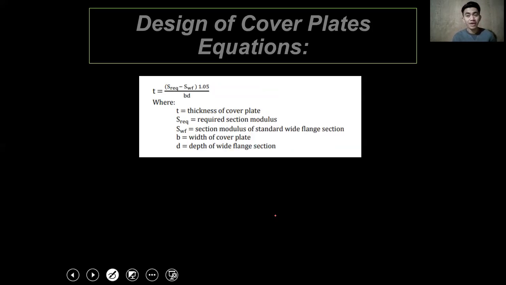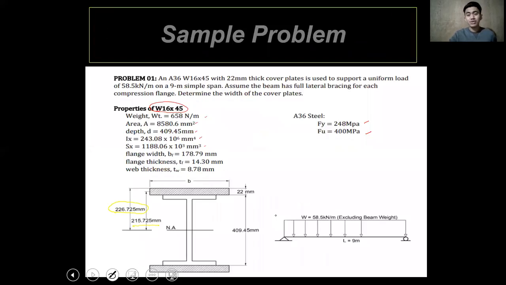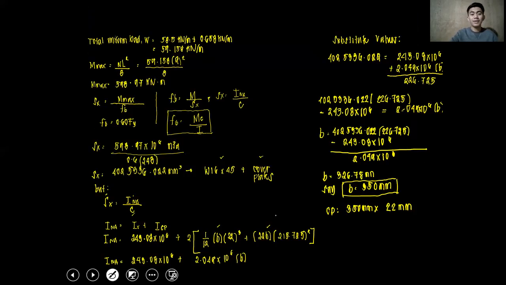SFW or SWF, I should say, that is now the section modulus of the shipped out material. Multiply that by 1.05 all over base. We need to compute that first and then the depth is already given. So isa lang yung kailangan natin for the thickness, which is the width now of your cover plate. So let us solve first the width of your cover plates.